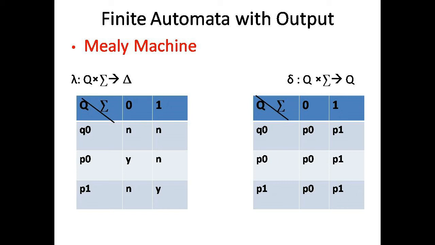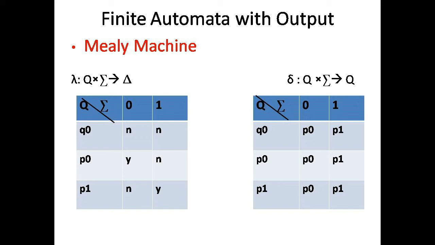It produces the states. If the state is Q0 and the input is 0, then in the machine function table it will produce the output no. If the state is Q0 and the input is 1, then in the machine function table it will produce the output no. Same in the transition function table, if the state is Q0 and the input is 0, it will produce the next state, that is P0.